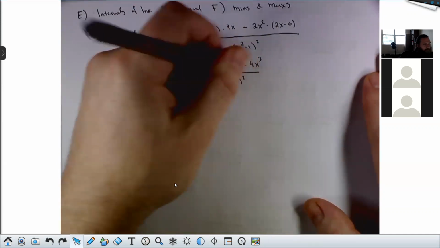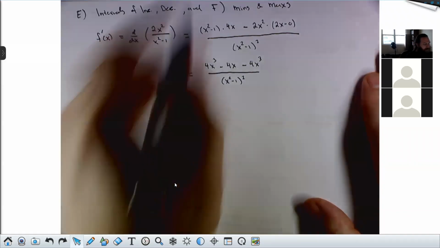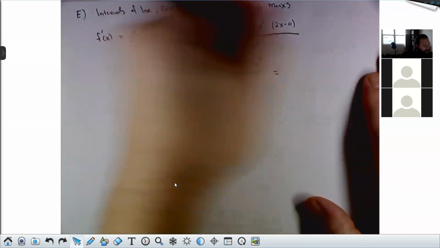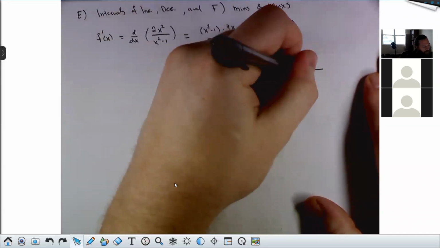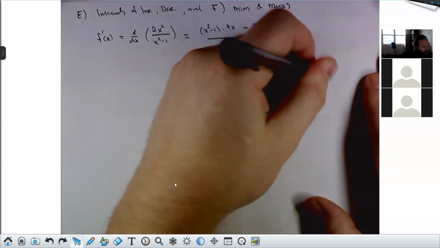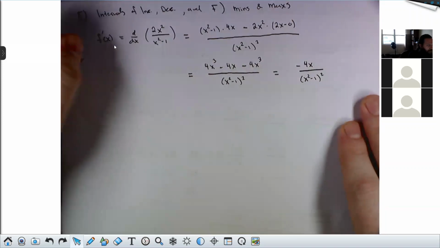There's no reason to FOIL out the bottom, so just leave it like that. The 4x cubes cancel, and we get negative 4x over x squared minus 1 squared. Still my critical numbers. Remember, the game here is to make the number line for f prime. That's what we're going to do.